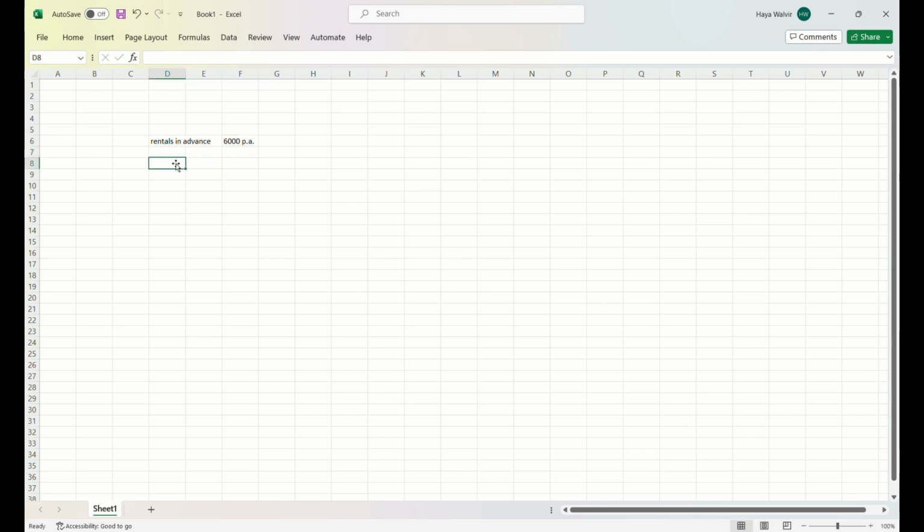Then the rate implicit is 4%, the implicit rate of lease at which the bank is offering the lease to the airline company. And this is the rental income, this is the lease. This will go on for 5 years. Contract period is 5 years, right?